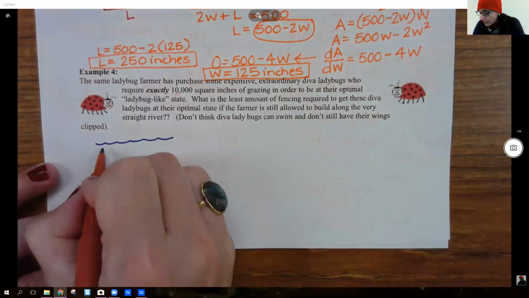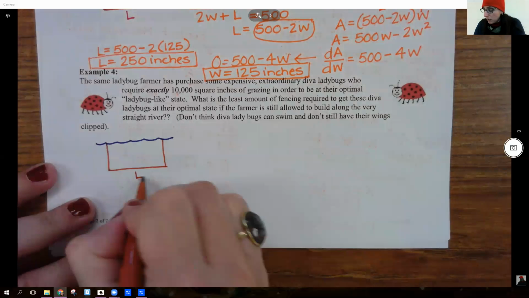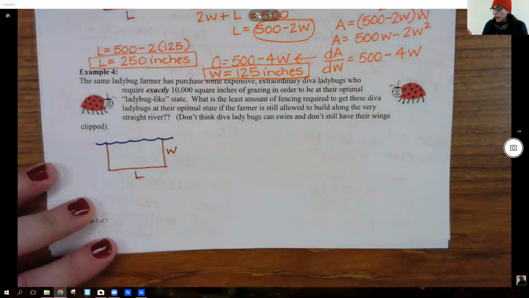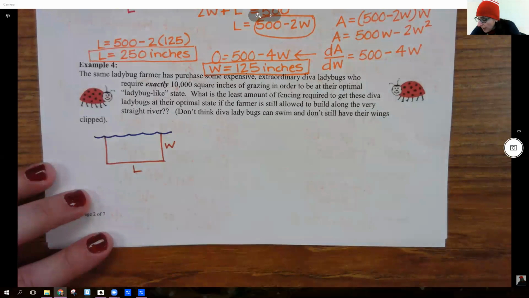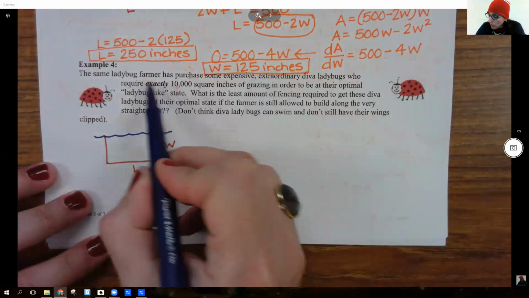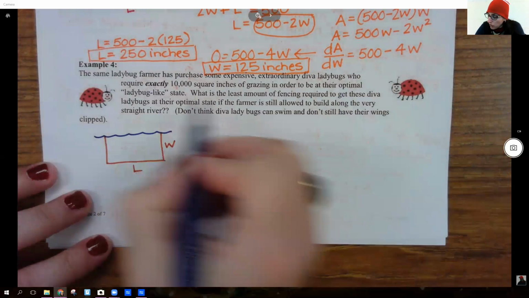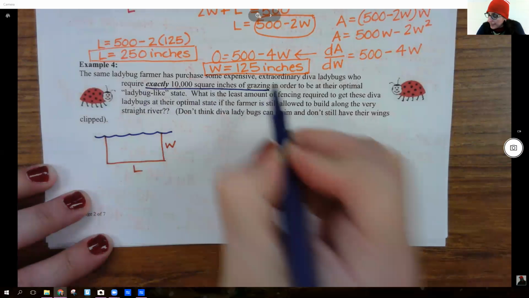Still have the fence, length, width, still a rectangle. So now it's a little different. It says that the ladybugs require exactly 10,000 square inches of grazing.